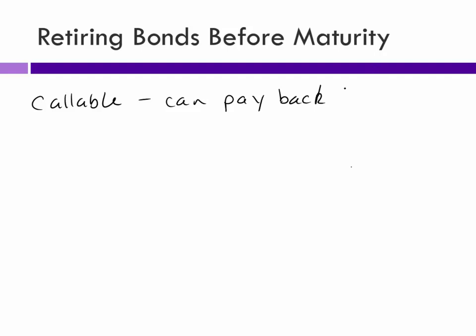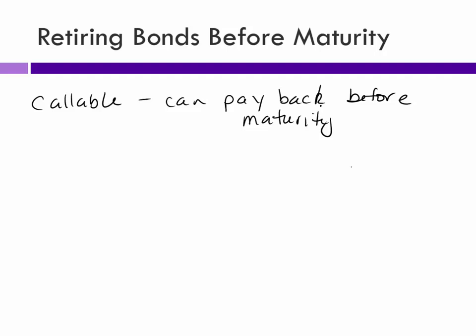If they have cash and they want to pay less interest, get out of the interest payments before maturity, or if the rates have gone down, and so you've got bonds out there at 10%, and the rates drop, you might make a new issue of bonds and use the cash you got to pay that back. So you still have the same amount of debt out there, but your interest payments are smaller.